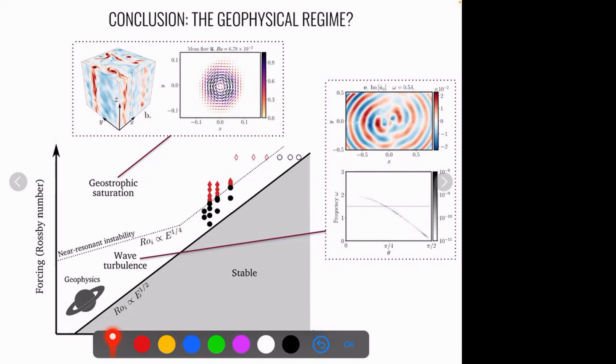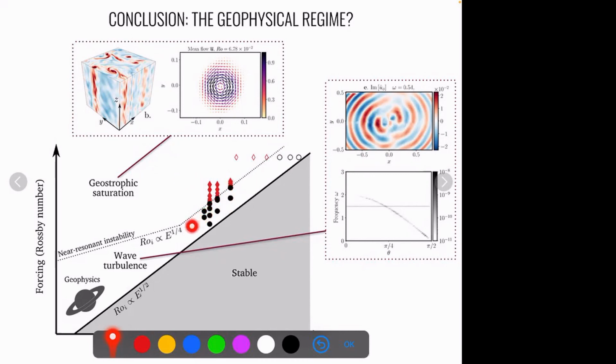And what is really new here is that we found purely three-dimensional states, and we have proved with idealized numerical simulations that these three-dimensional turbulent states are wave turbulence. And with the theoretical analysis, we kind of understand why we have this Ekman 1/2 line here that separates the wave turbulence from the geostrophic turbulence.